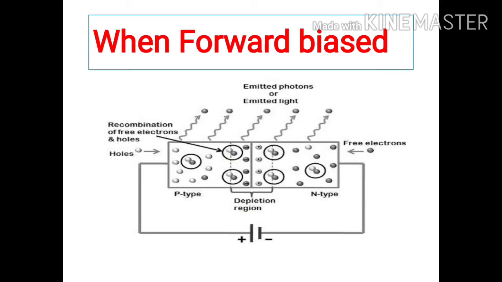Now we will talk about the forward biasing of the diode. So you can see in this picture, this is the forward biased LED, and here the free electrons from this side are recombining with the holes, and holes are recombining with the electrons, and due to the electron hole recombination, they are radiating energy in the form of light and heat.